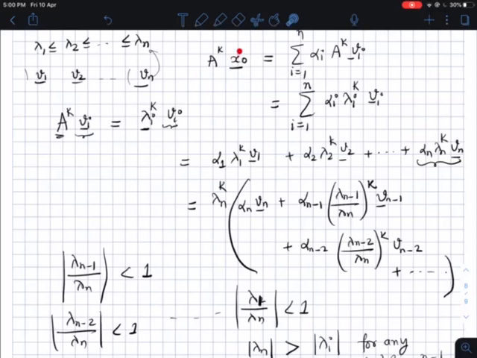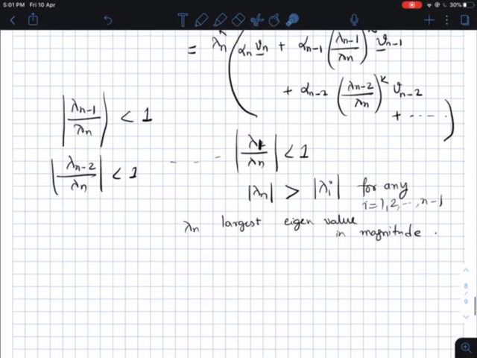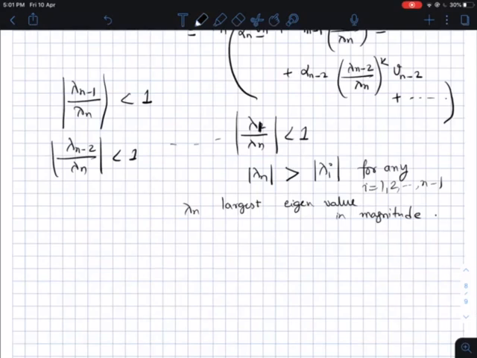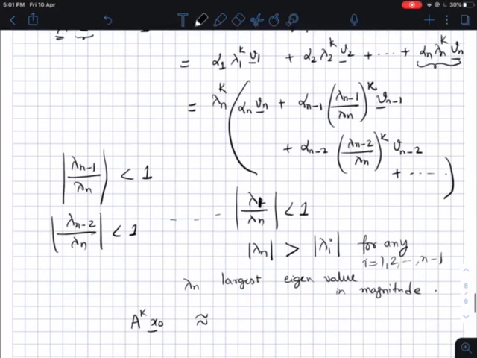To summarize, we started with an arbitrary x naught, apply A many times, and then we are saying that if you apply A enough number of times, you will just be left with the largest eigenvector. All the other components will be close to 0. So this is how you would write it: A to the k x naught is very close to, let's look at the expression here, lambda n to the k alpha n vn.